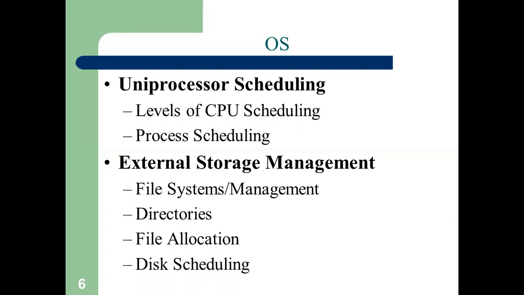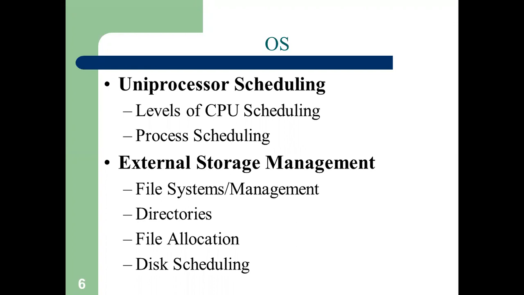How will we maintain the RAM, the random access memory? That is called main memory management, and also external storage management. Under external storage management, we can say file system management. After running all the programs, you have to maintain them on the system, and that comes under file system management.